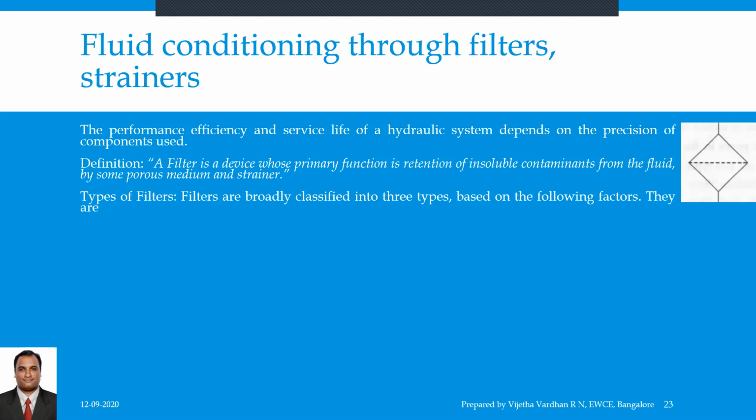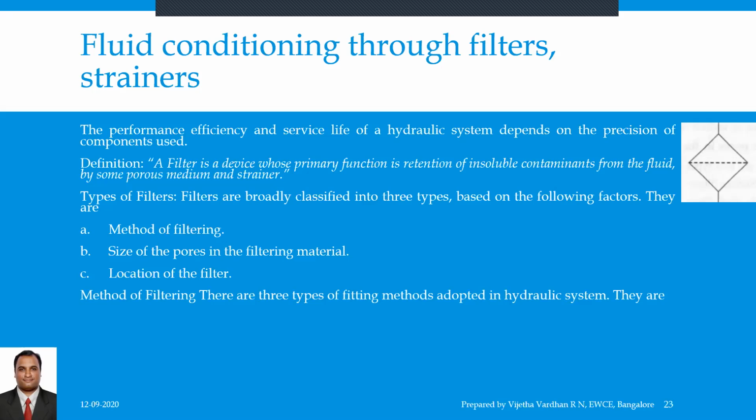The different types of filters are broadly classified into three types based on the following factors: method of filtering, size of the pores in the filtering material, and location of the filter.